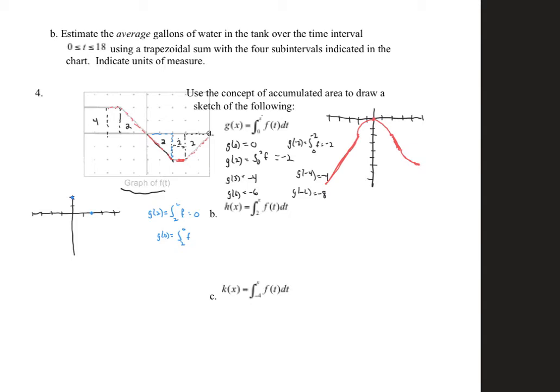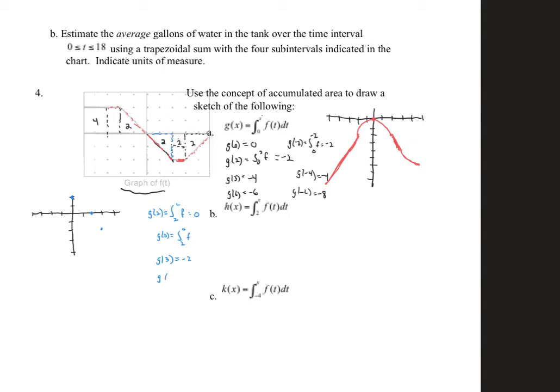And when we get g of 3, we're going to again add on, since the integral from 2 to 3 is going to be that negative 2 added on to the 0, that's going to make that be a negative 2. So we're going to be at -2. And when we get to g of, what was the end of that? 4? 1, 2, 3, 4.